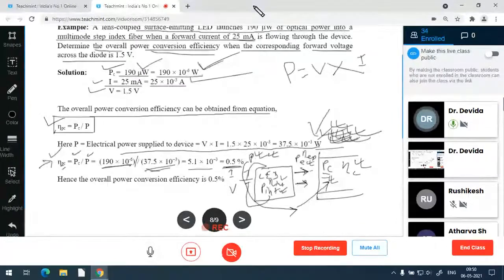That means out of 200 photon power, only one photon is coupled into the fiber. So this is a very low overall coupling efficiency. Overall power conversion efficiency is 0.5%. This is the answer.